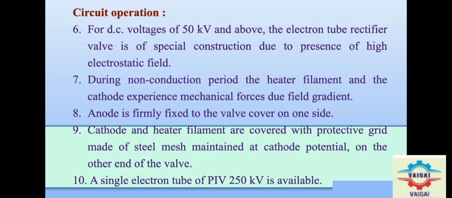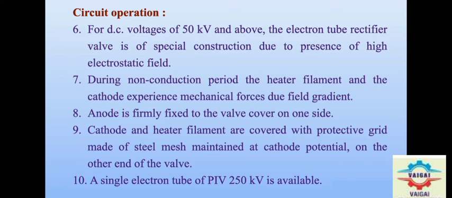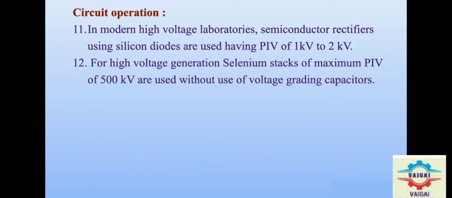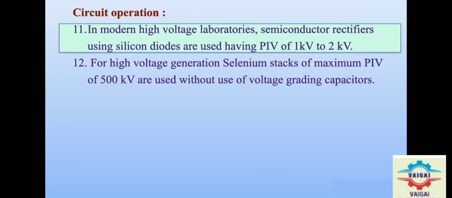Instead of a rectifier, we are going for the electron tube. In present modern high voltage laboratories, semiconductor rectifiers are used, like the half wave rectifier. The same thing will be used for the full wave rectifier also. It is made up of silicon diodes and has a peak inverse voltage of 1 kilovolt to 2 kilovolt.